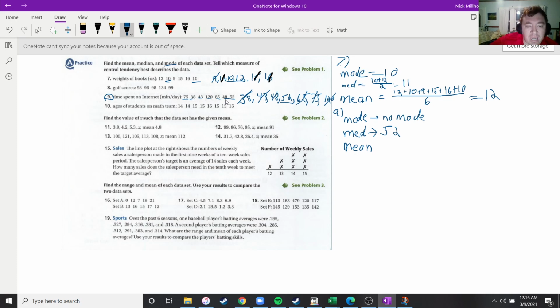all the numbers are kind of close to each other, but then we have this 120 that's super far away. That won't affect our median, but it will affect our mean, and I'll show you.